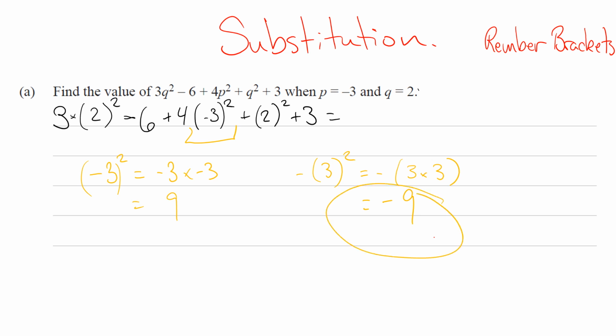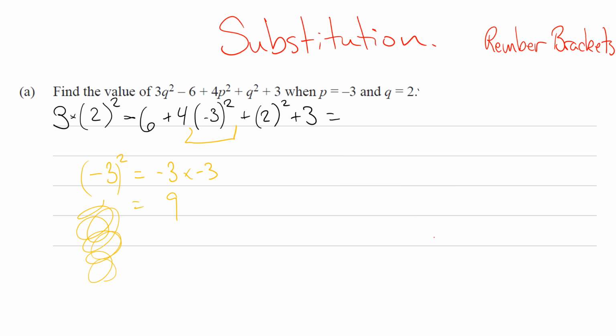Of course, this is wrong. We don't want to be squaring 3 and then making it negative. We want to square negative 3. So it's really important that our brackets go in there, just to remind us what we're actually doing.